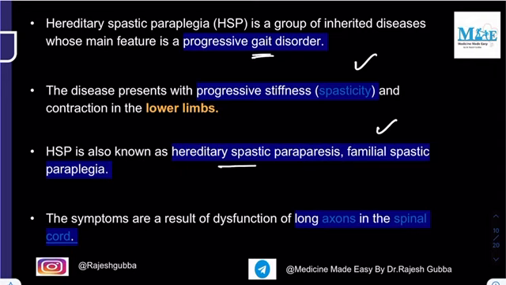In these individuals, what exactly are the structures which are defective? It is mainly due to dysfunction of the long axons in the spinal cord. That is the defect in hereditary spastic paraplegia, and it is predominantly upper motor neuron involvement.